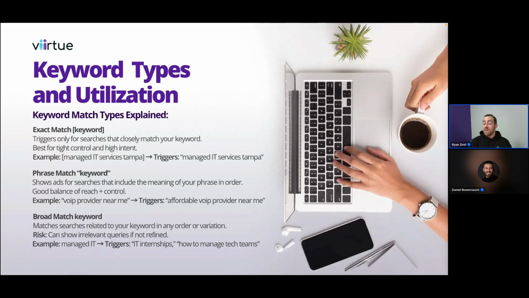So excluding things like broad match, using phrase match sparingly, and focusing on exact match, I think in your case will get you the best results. So that's my advice. If we're doing keyword match types, 100%, I recommend exact match.